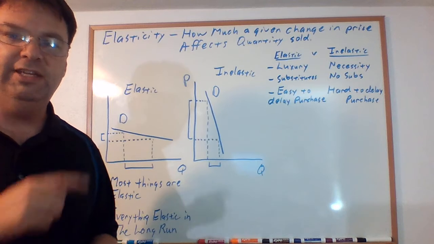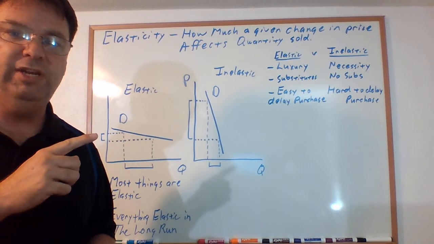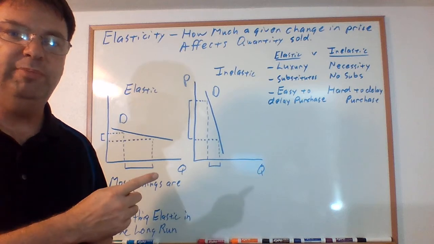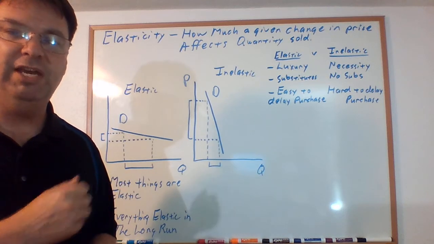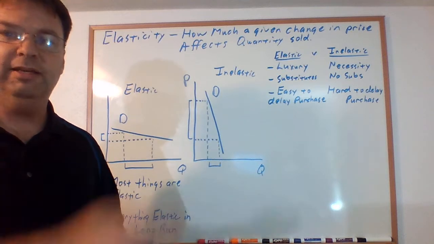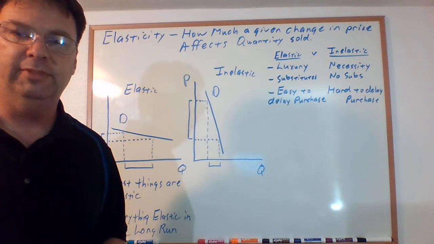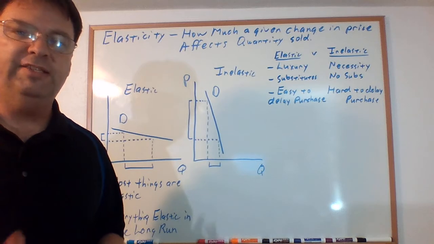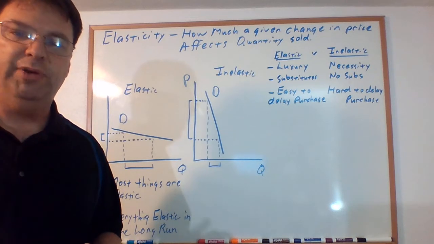Okay? So suddenly that little jump of 29 cents on the McChicken meant that all these people left McDonald's, their demand for McChickens just fell through the floor. And all the kids went over to Burger King. All right? So that's an example of an elastic product.